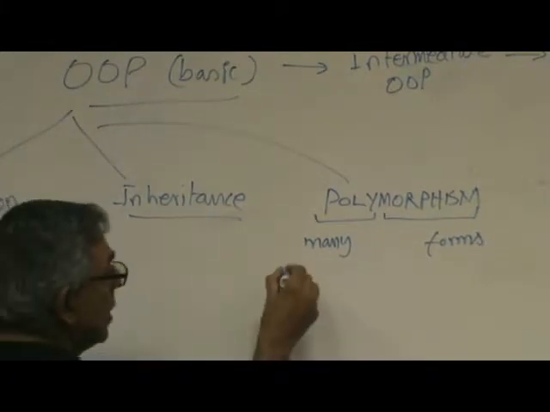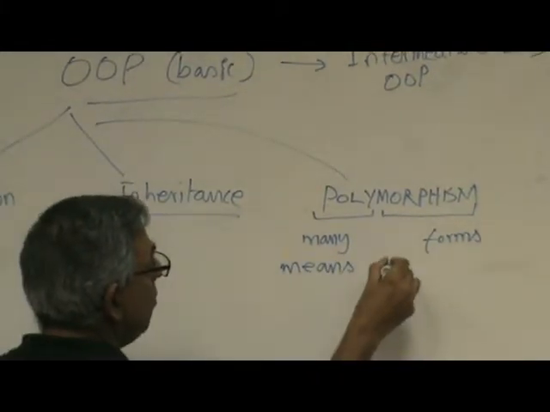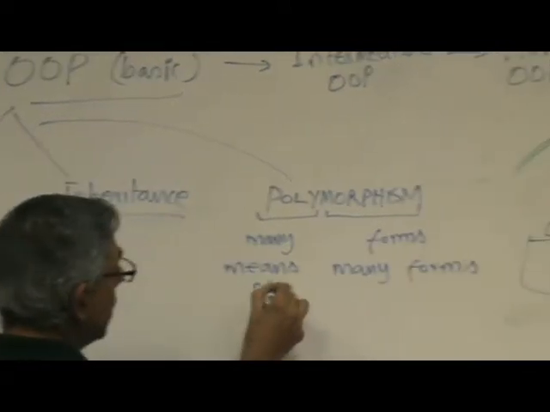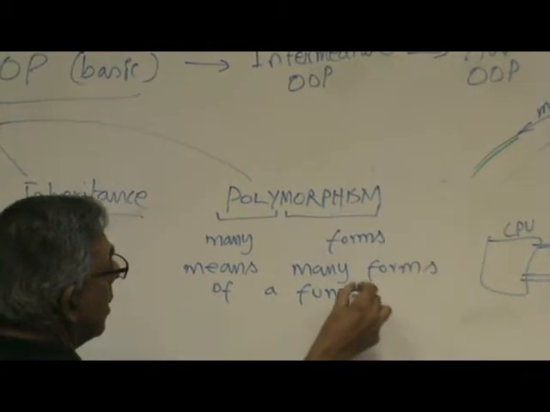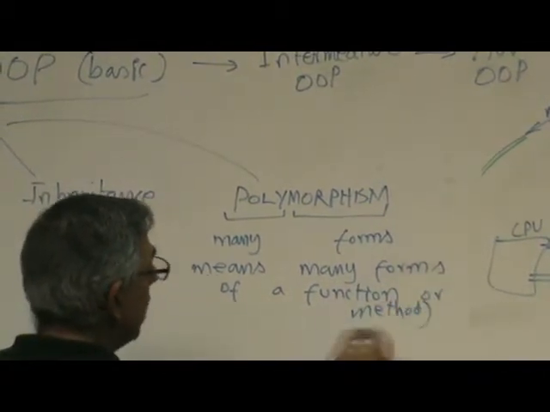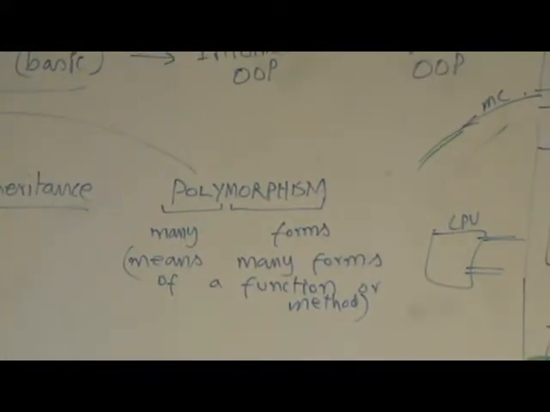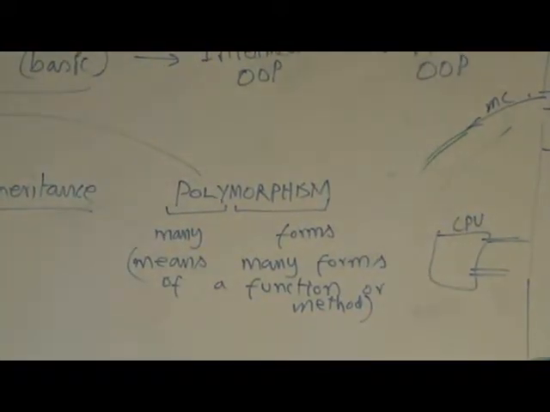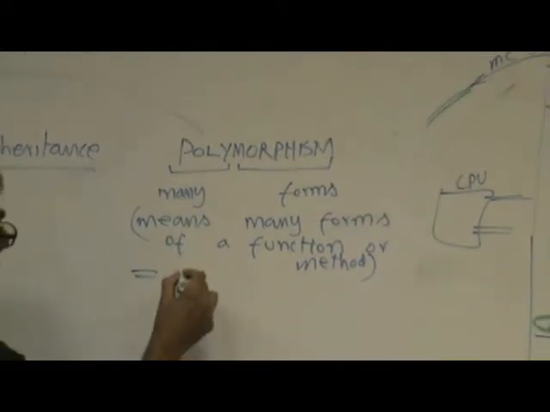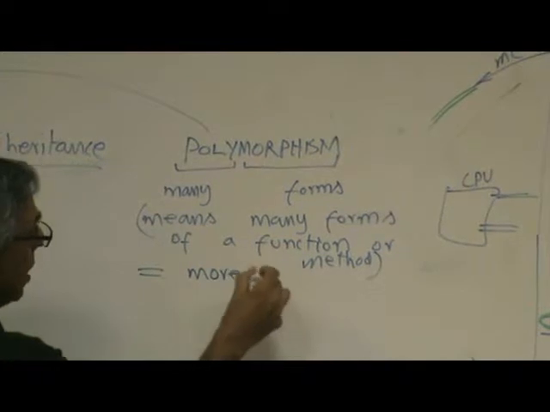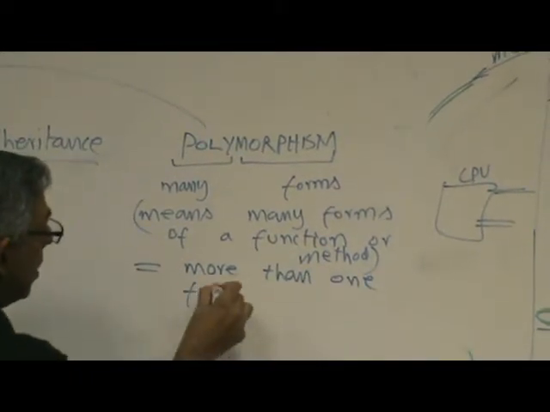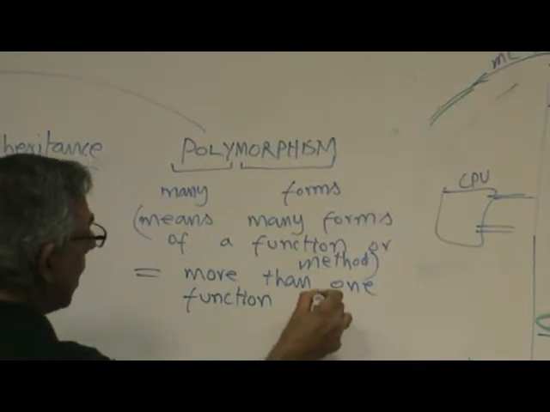It basically means many forms of a function or method. Remember, a function is also called a method in object-oriented programming. So that's all it means. Further, what do we mean by many forms of a function? All this means is more than one function with the same name.